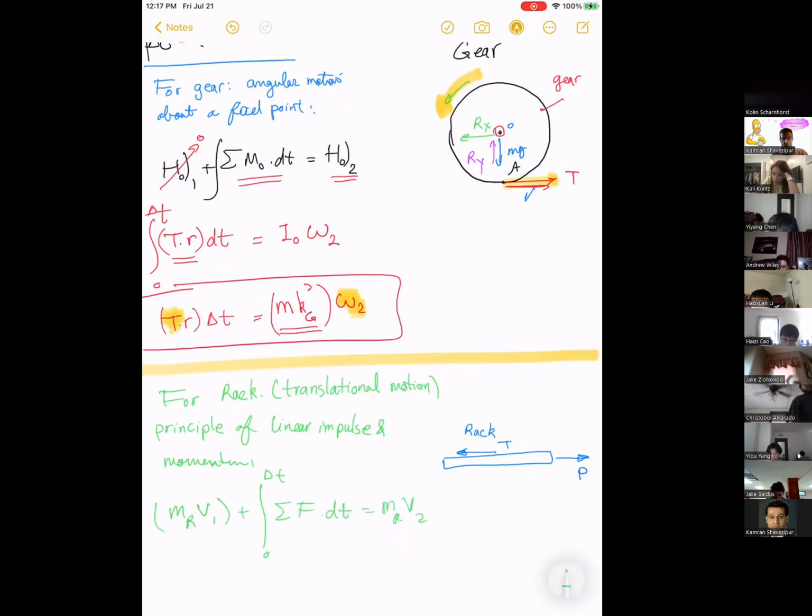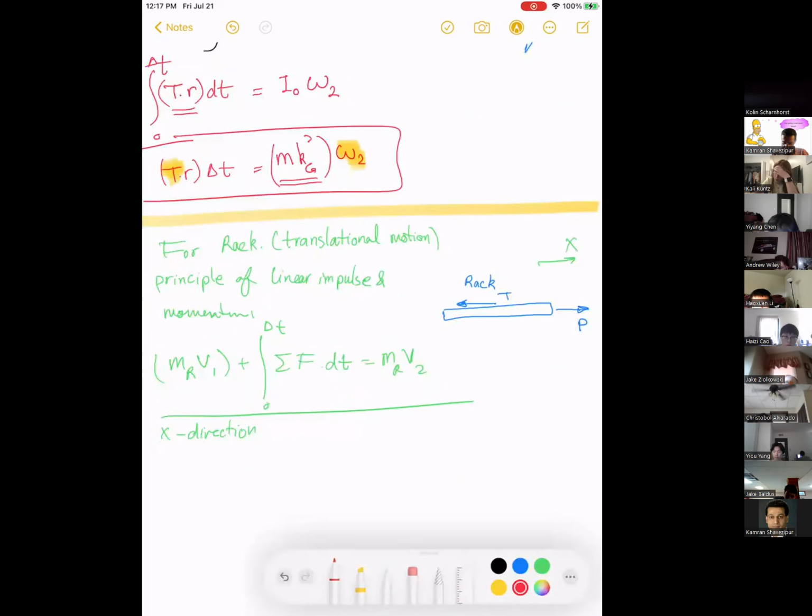If you notice, I did not use a vector here because everything is in the x direction. So technically this is in the x direction. You don't have to put a vector.